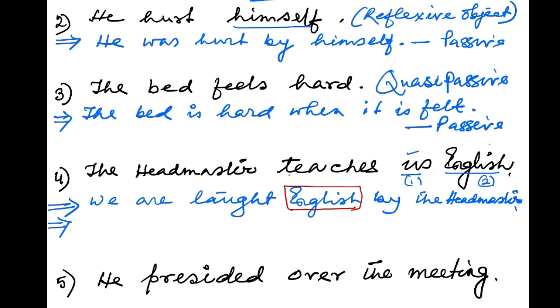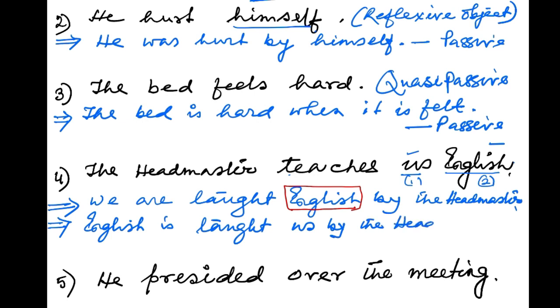Now we'll change this sentence with the second object, that is English. English is taught us by the headmaster. Here the "us" is also retained.